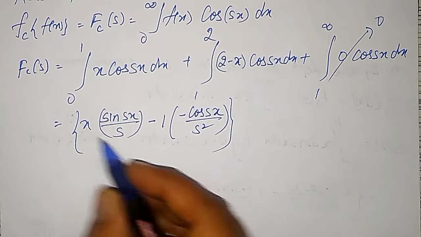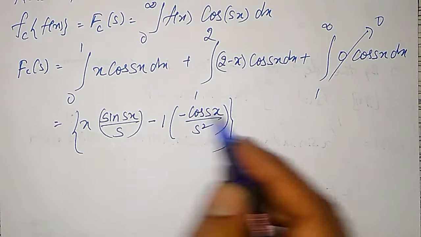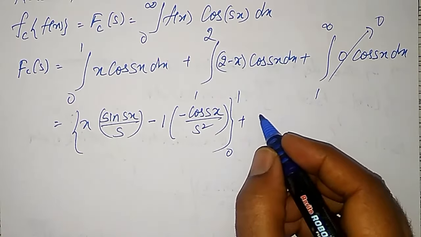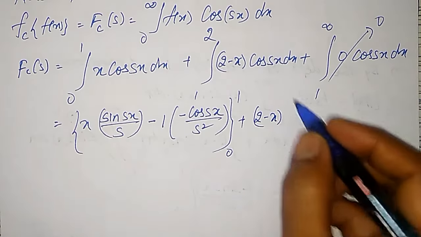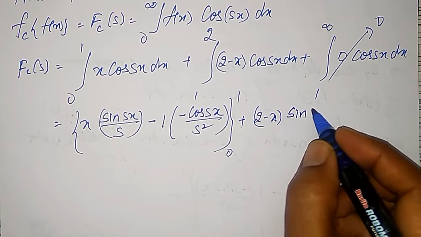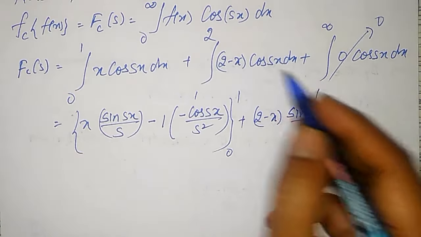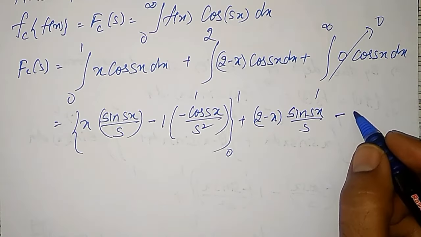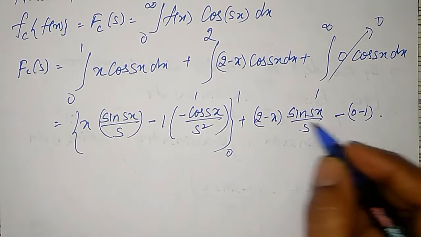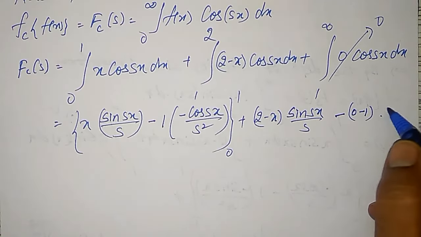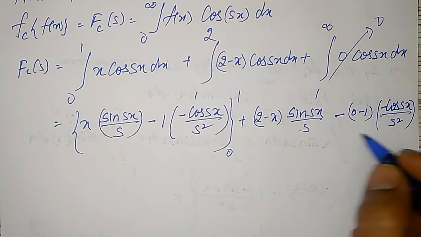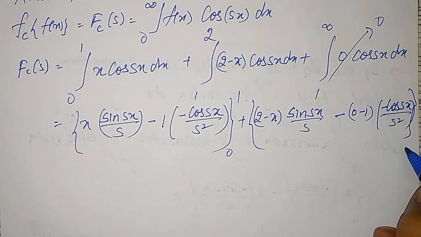This is the integration of x cos sx between the limits 0 to 1, plus the integration of the other one, which is 2 minus x into sin sx divided by s, integration of cos sx, plus minus differential of 2 minus x will become 0 minus 1 into integration of sin sx, which is minus cos sx divided by s square. This is between the limits 1 to 2.